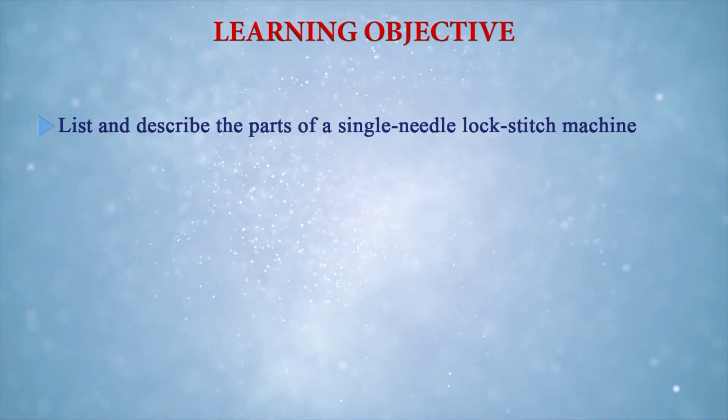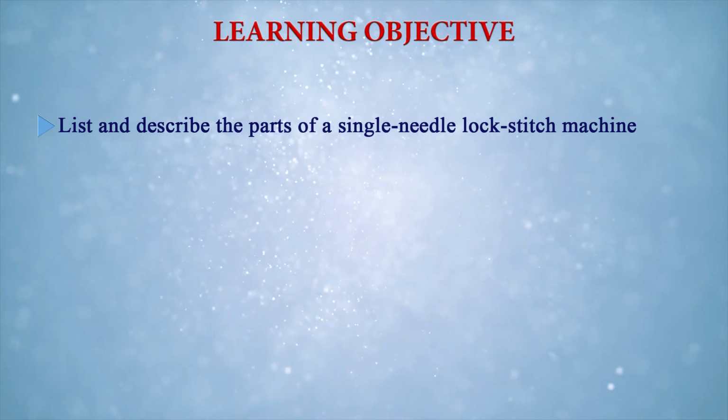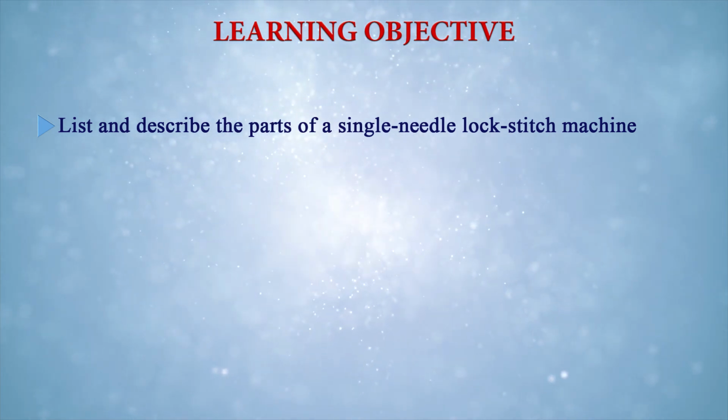So when we talk about the handling of sewing machine, why it is very important to study, and what all information you will get after studying this particular unit. When you go through this unit, you will list and describe the parts of single needle lock stitch machine.